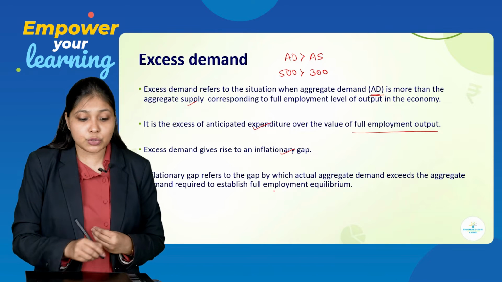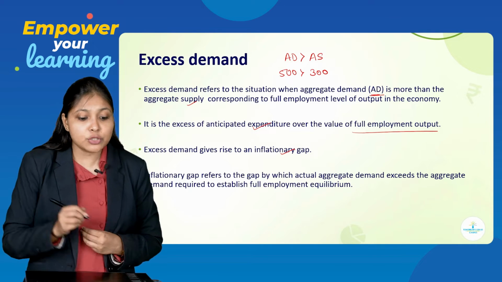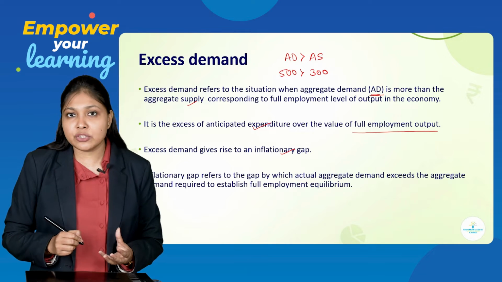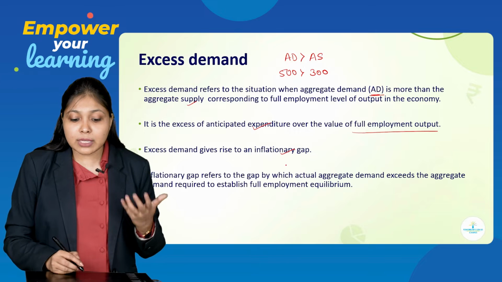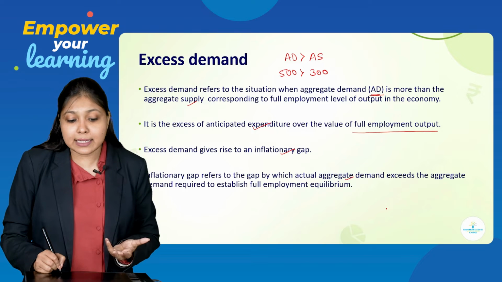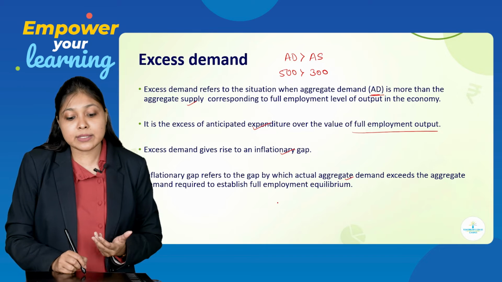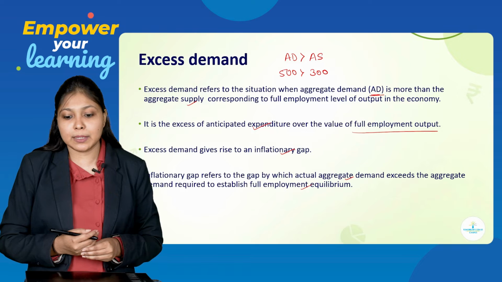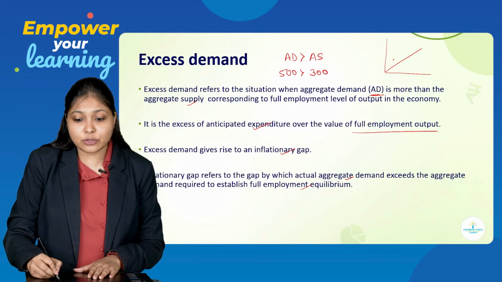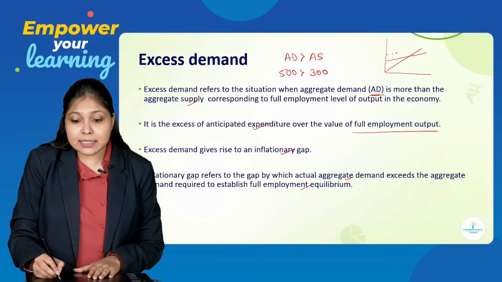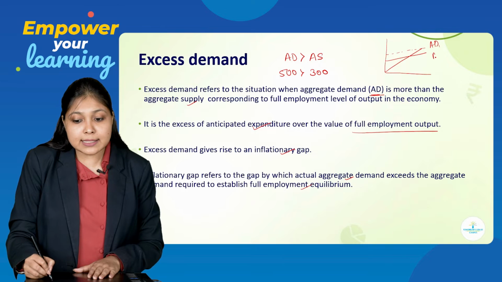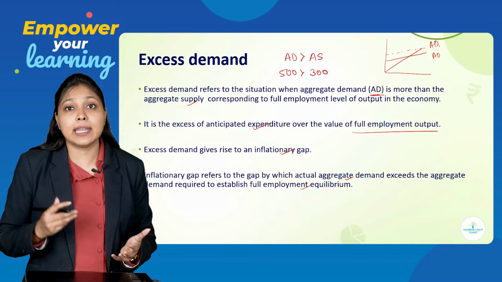A very important thing, you all should know what we mean by inflationary gap. The meaning of inflationary gap is that it refers to the gap by which actual aggregate demand exceeds the aggregate demand required to establish full employment equilibrium. AD1 is increasing, so it is exceeding the aggregate demand.